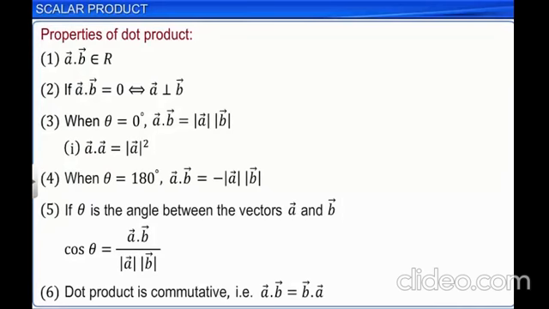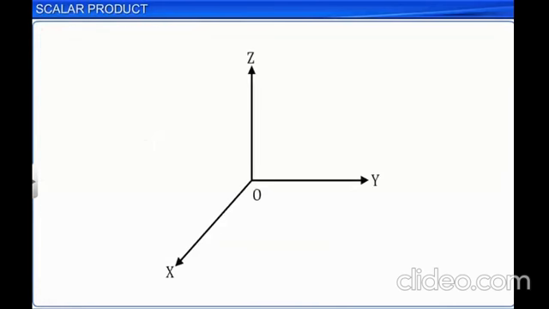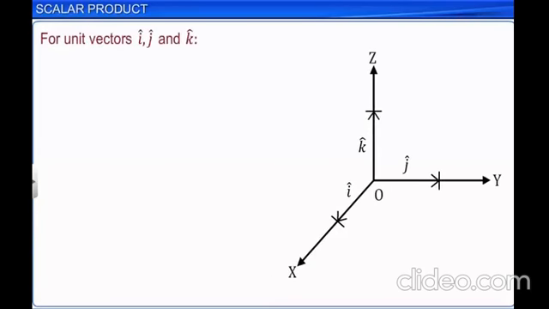You have studied unit vectors i, j and k along the x, y and z axis, respectively. The dot product of unit vectors i, j and k with themselves is equal to 1.